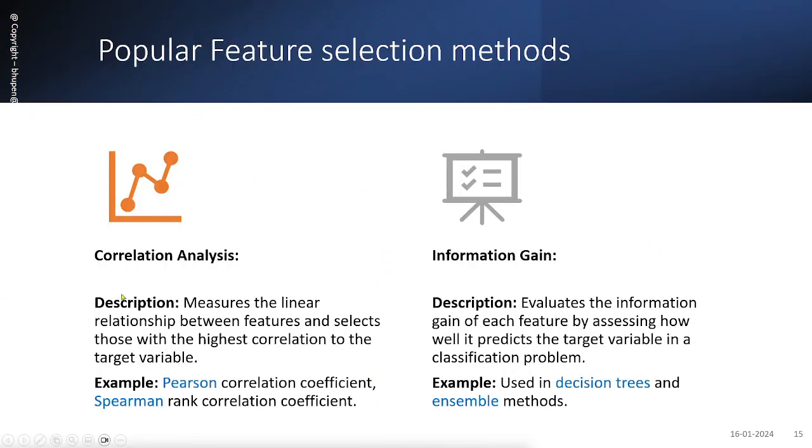Feature selection methods, back to feature selection. Some of the examples that we will go through: correlation analysis. The objective of correlation analysis is to find out whether we have extremely high correlation within the predictive variables, or low correlation within the predictive variables, and between the predictive variables and the target variable.